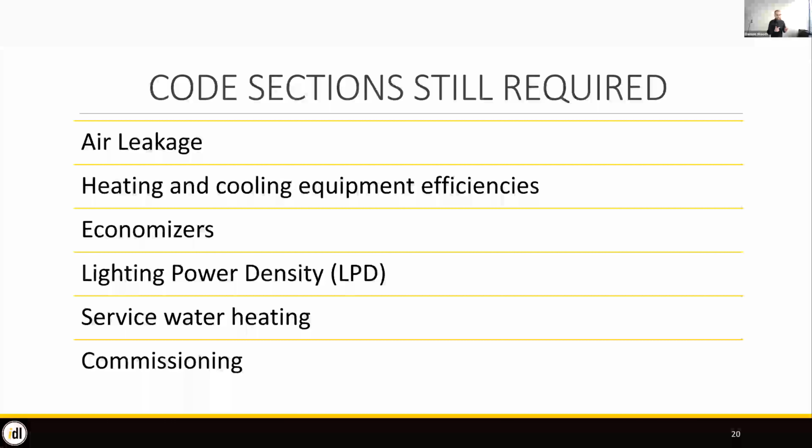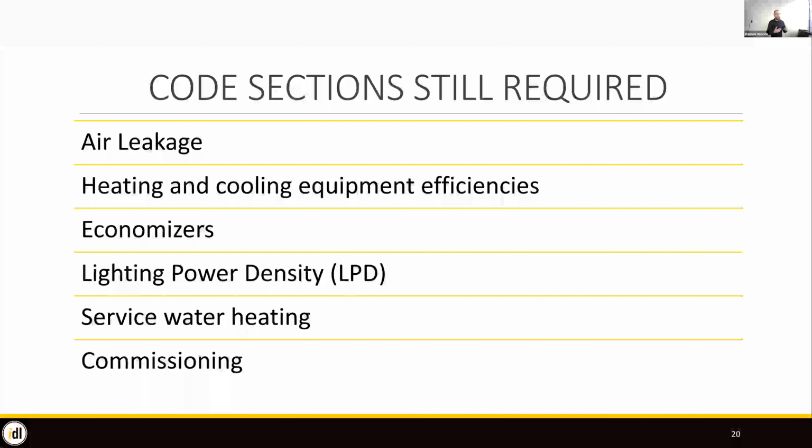You still have to use the minimum efficiencies for your heating and cooling equipment. Still have to have economizers, at least in our climate zone. You still have to meet the maximum lighting power density, the watts per square foot that you're using for your lighting. Efficiency in terms of your service water heating, and you still need to do commissioning on the building.